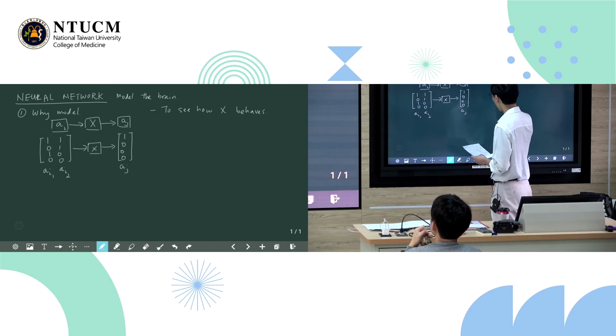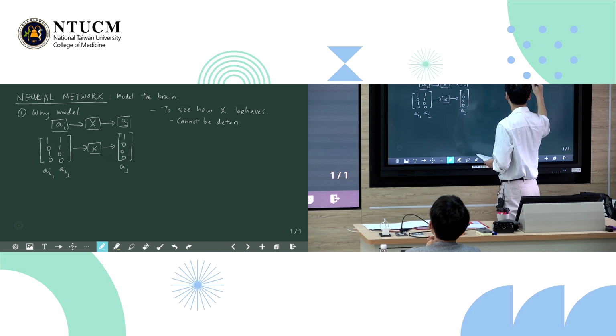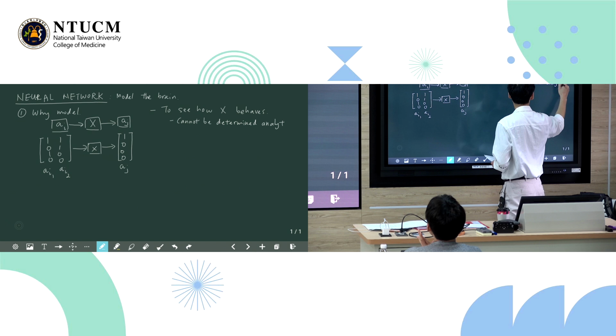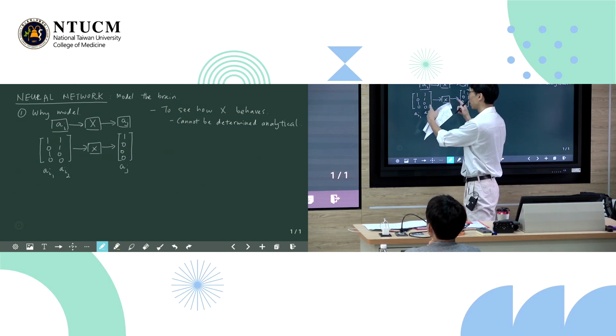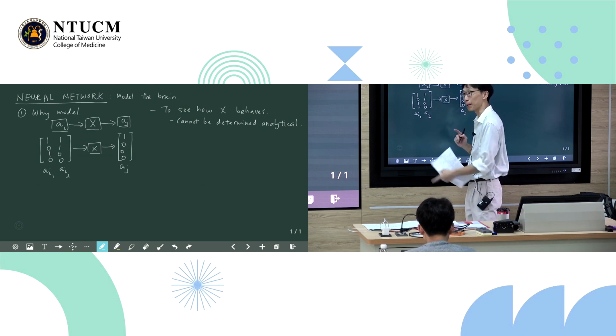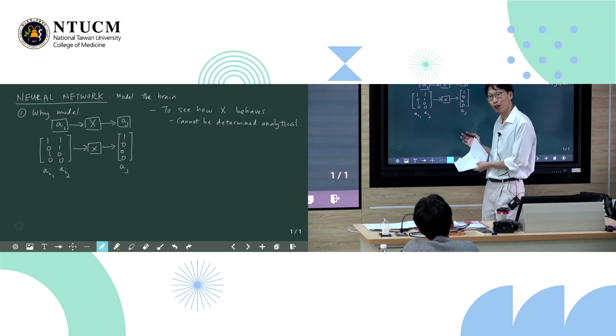Moreover, this relationship cannot be determined analytically, meaning we can't use maths to derive the function to define these input to output mappings. If you could define an analytic mathematical function, then there is no need to model.